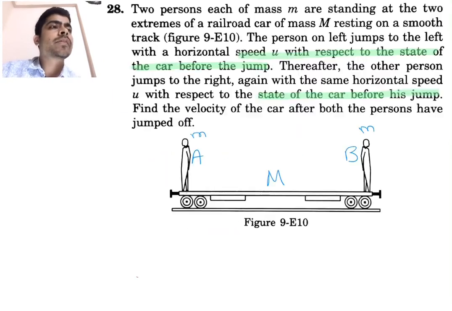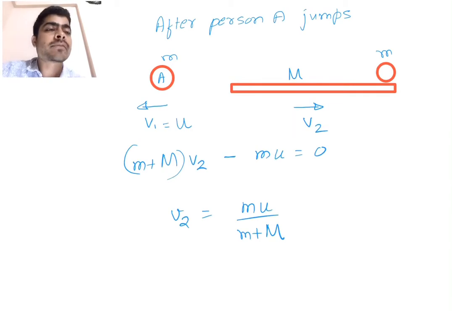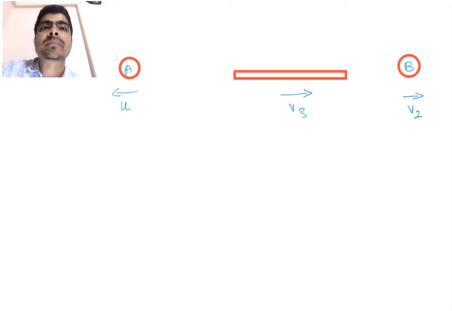So first of all, what does the question say? The important part: the other person jumps to the right again with the same horizontal speed u with respect to the state of the car before the jump. So this velocity is with respect to the car before the jump. So before the jump, the car has velocity v2. Okay, so I think we should make it v4. This is velocity, I'm really sorry, this is velocity v4.